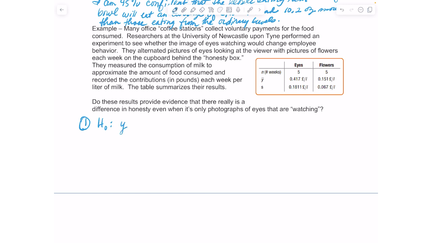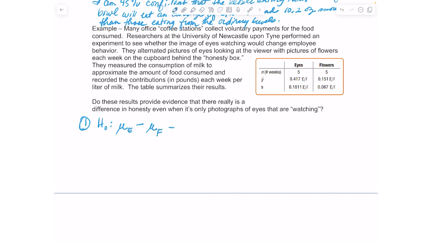So we have mu, and we'll do mu eyes, the mean amount of money contributed for those that had the eyes watching them, minus the mean amount of those who had the flowers behind them.